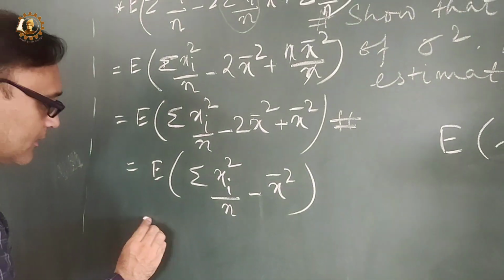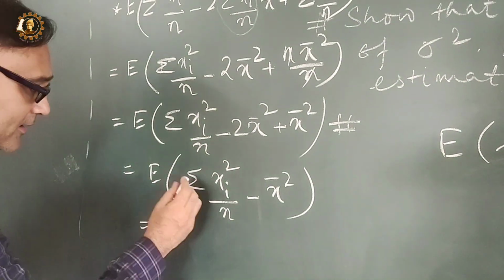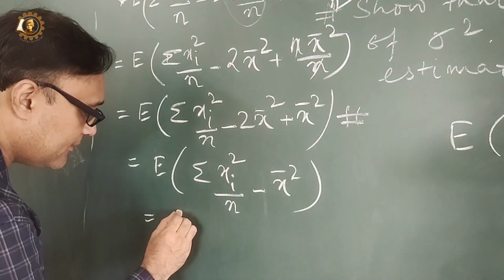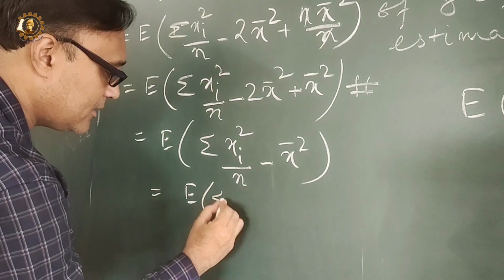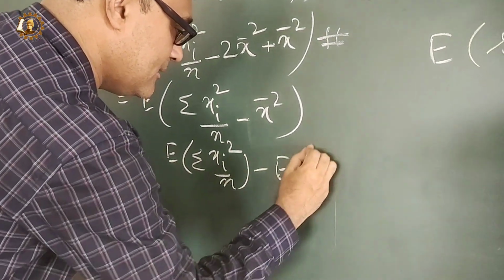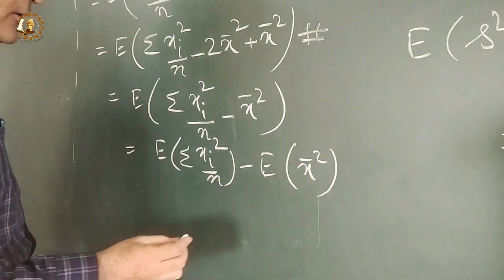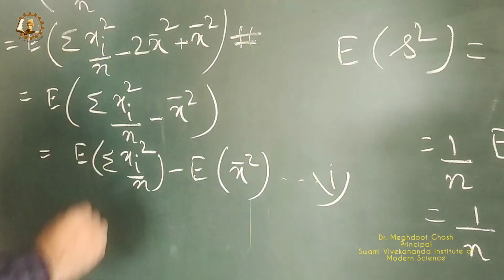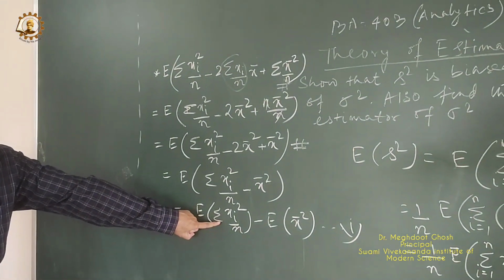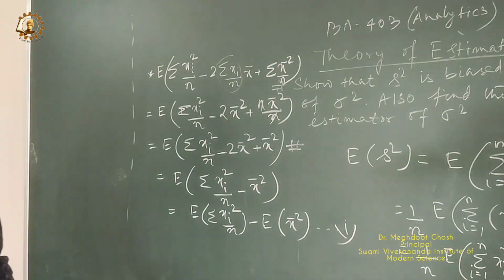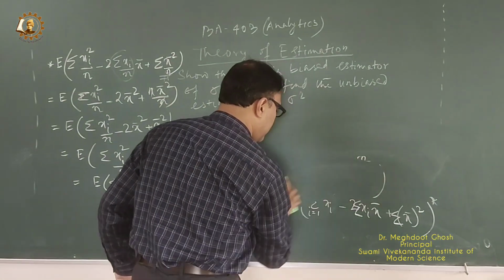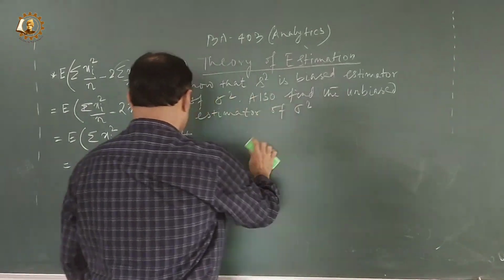So if we now apply the property of expectation, I will get here E summation of xi square by n minus E x bar square. So this will be my first equation. Okay, so let's proceed for the next step.